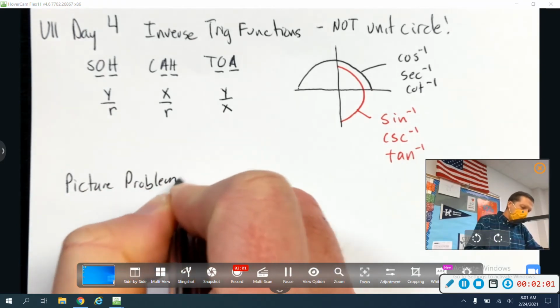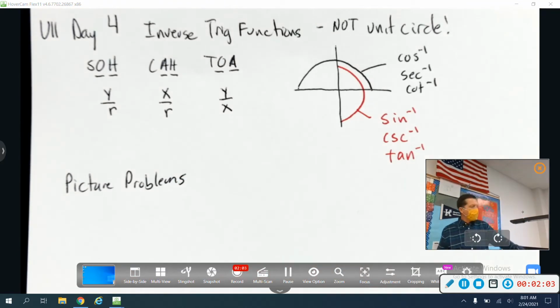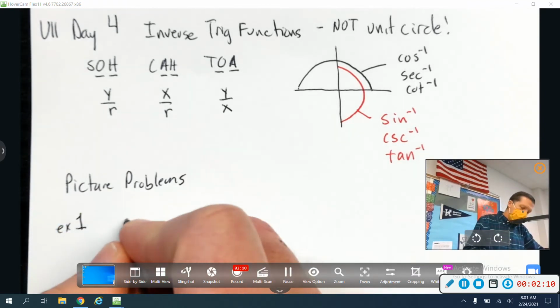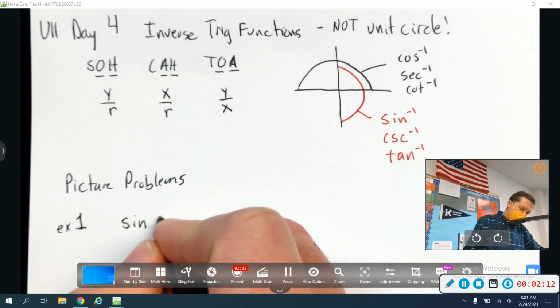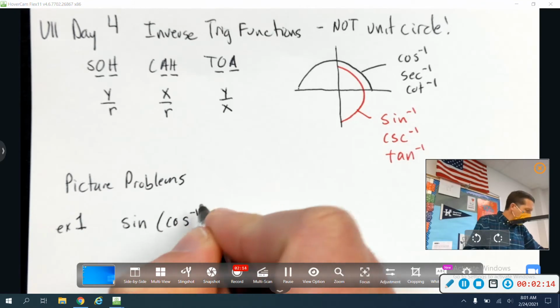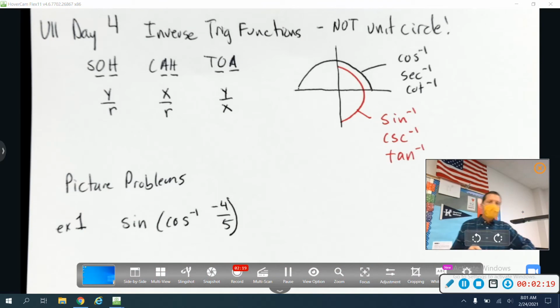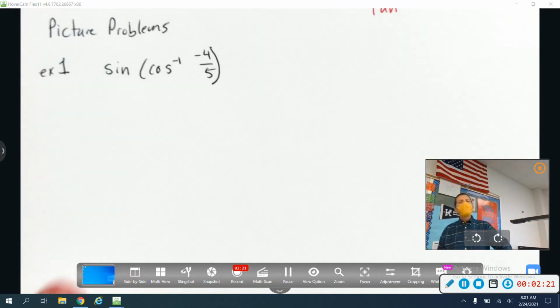So this next set of problems, and we're just going to jump in and do some examples, are picture problems. So the sine of the inverse cosine of negative 4/5. The sine of the inverse cosine of negative 4/5.